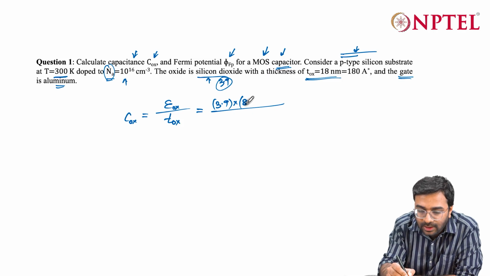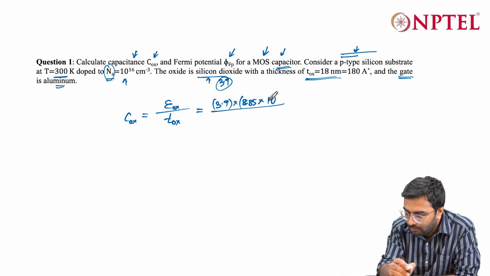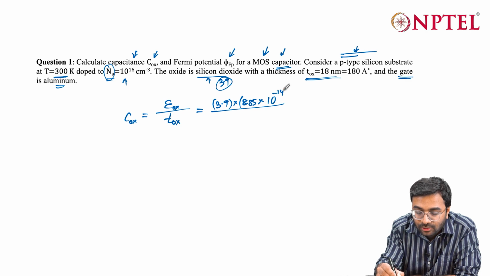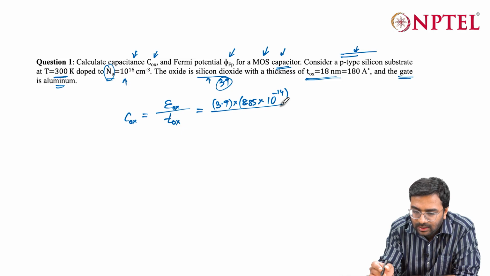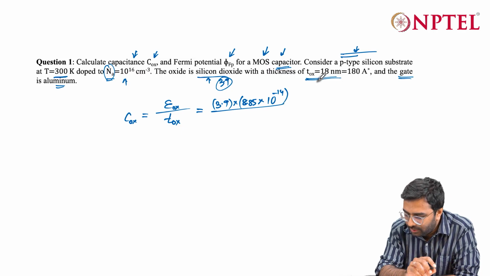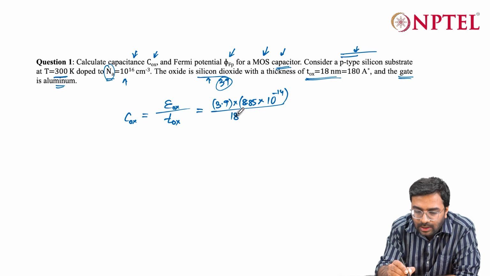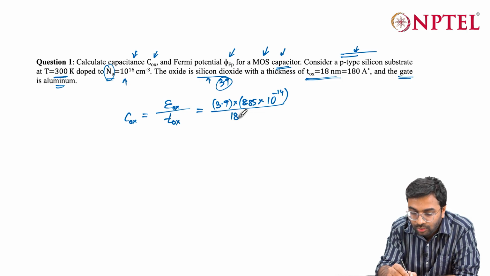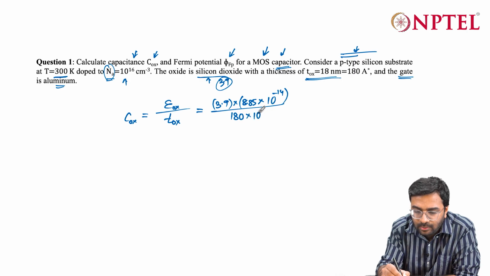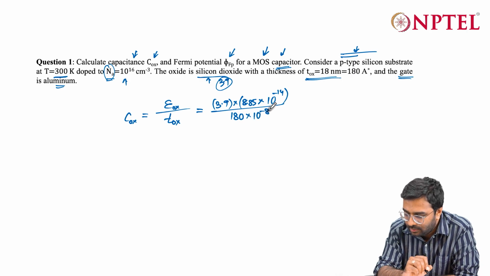So, it is 8.85 into 10 to the power minus 14. Then you have the T ox value also given, which is 18 nanometer. So, 18 into, or you can write 180 into 10 to the power minus 8.